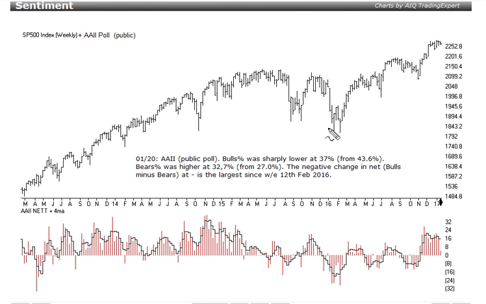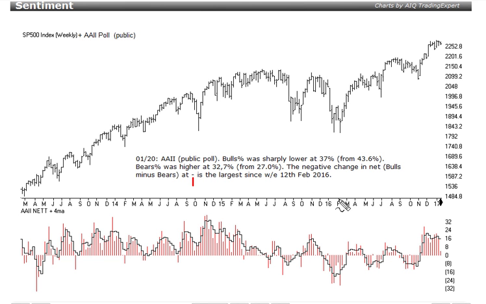Seen something similar in the public poll from AAII, and the retail investor here expressing a more bearish opinion than previous weeks. The bulls percent this week was sharply lower at 37% from 43.6. That's quite a fall in bulls percent this week. The bears percent was higher at 32.7 from 27. Again, that's quite a jump. The negative change in the net figure, bulls minus bears, this week is the largest since the week ending 12th of February 2016.